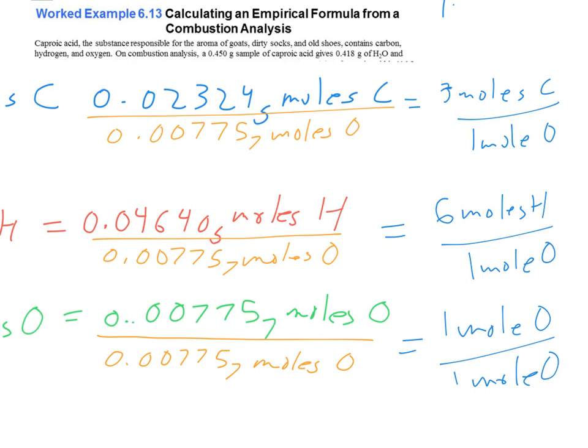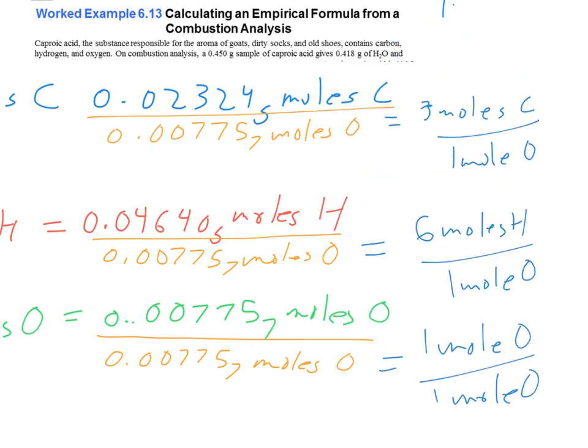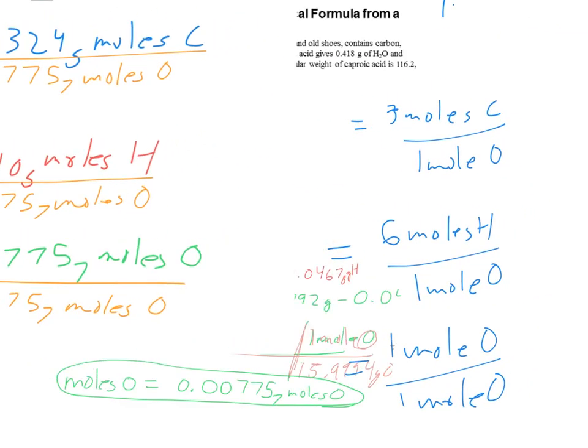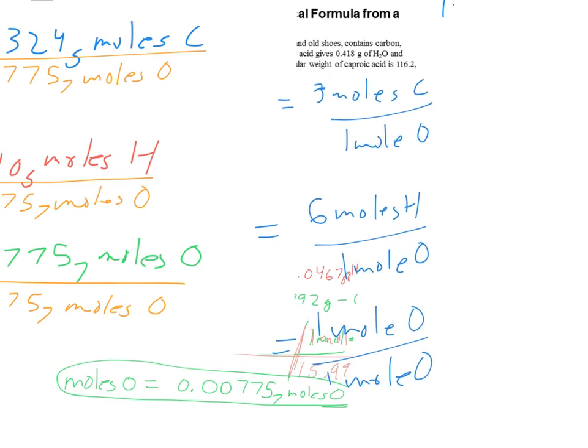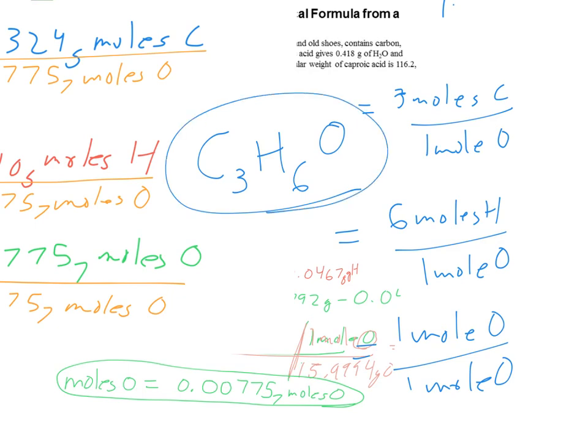So my empirical formula would therefore have to be 3 carbons, 6 hydrogens to 1 oxygen. And that would be my empirical formula.